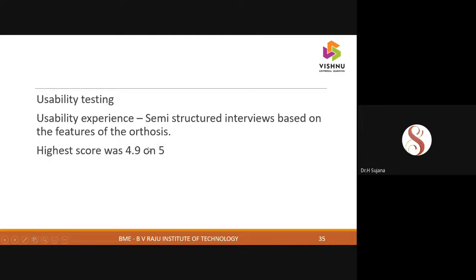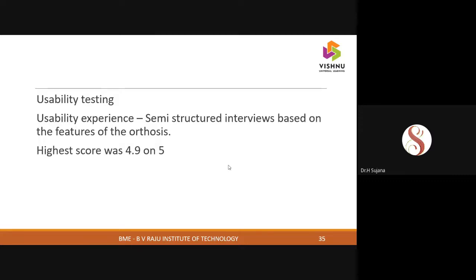Mostly in rehabilitation engineering and assistive technology, the usability experience is based on interviews. They ask, what is your experience? They frame a survey form based on the dimensions, weight, and usability. Are you comfortable?